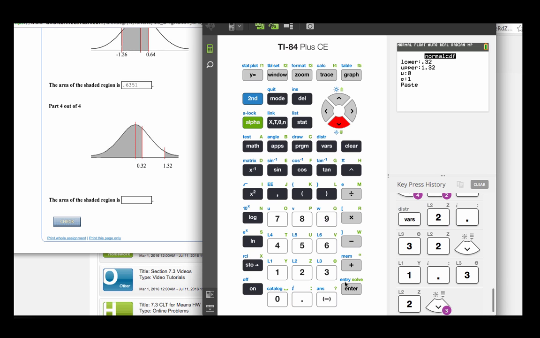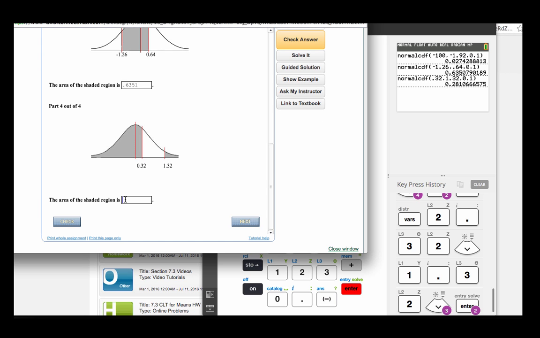Leave the mean at 0, standard deviation at 1, paste, enter, and we have 0.2811. Now that is the area that is not shaded. We need the area that is shaded. So we're going to subtract that value from 1. So the result then is going to be 0.7190.